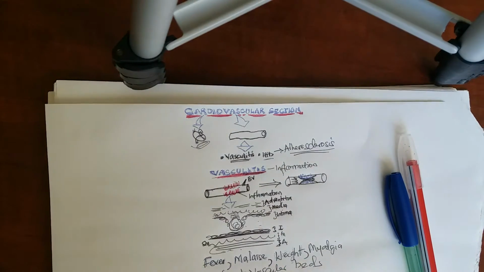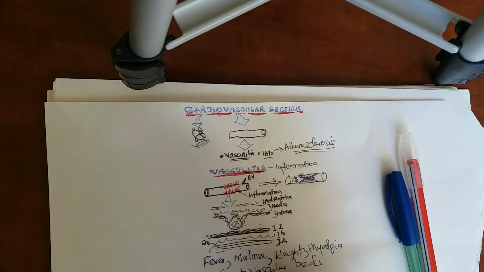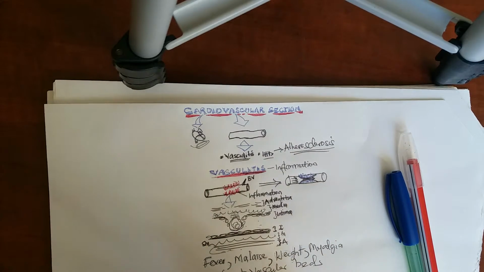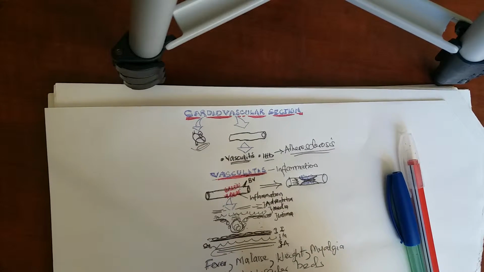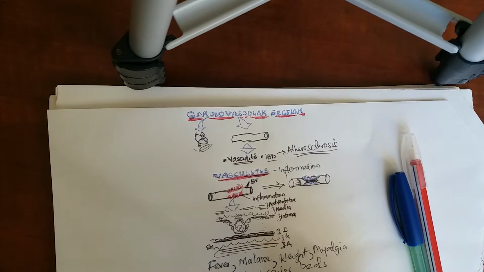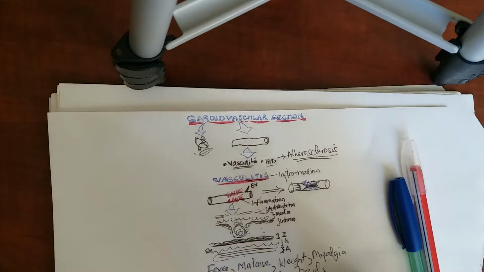Now, grouping of vasculitis, we group vasculitis into three broad classes. We have the large vessels, we have the medium vessels, and finally we have the small vessel vasculitis. This is just based on the vessels we have in the body.